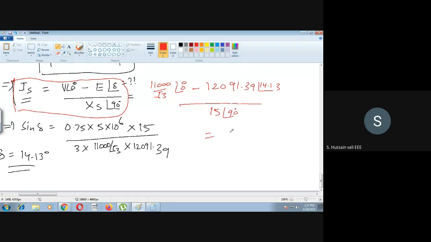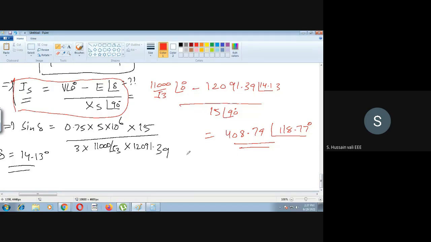Solve this and you will get approximately 408.79 at an angle 118.77. This is the IS value.